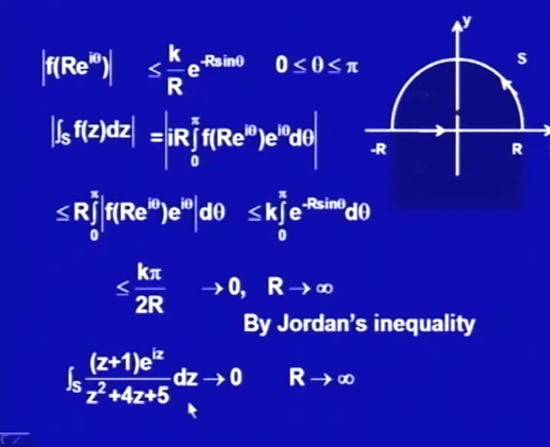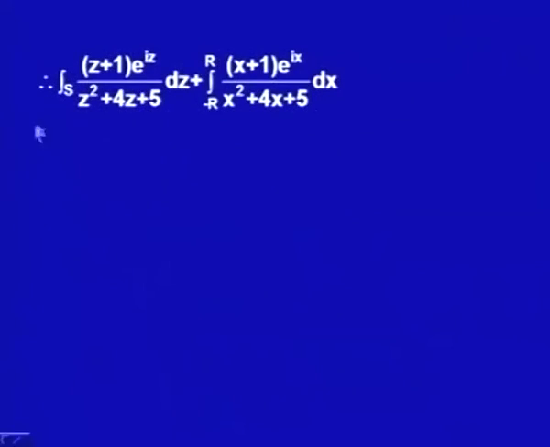Now, what we have got is the integral along this semicircle of (z plus 1) e^(iz) upon z squared plus 4z plus 5, plus the integral along the real line from minus r to plus r of (x plus 1) e^(ix) upon x squared plus 4x plus 5 dx. This we had already obtained is equal to pi times (minus 1 plus i) e to the power minus 2 i plus 1. Now, take the limit as r approaches infinity.